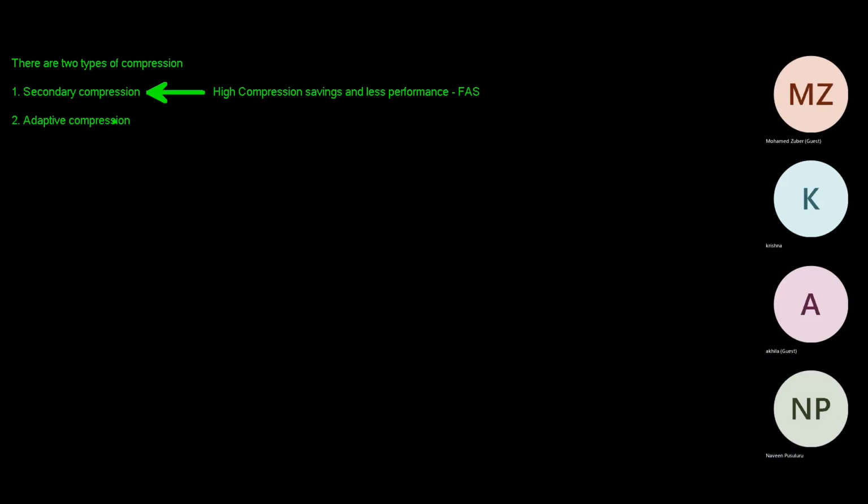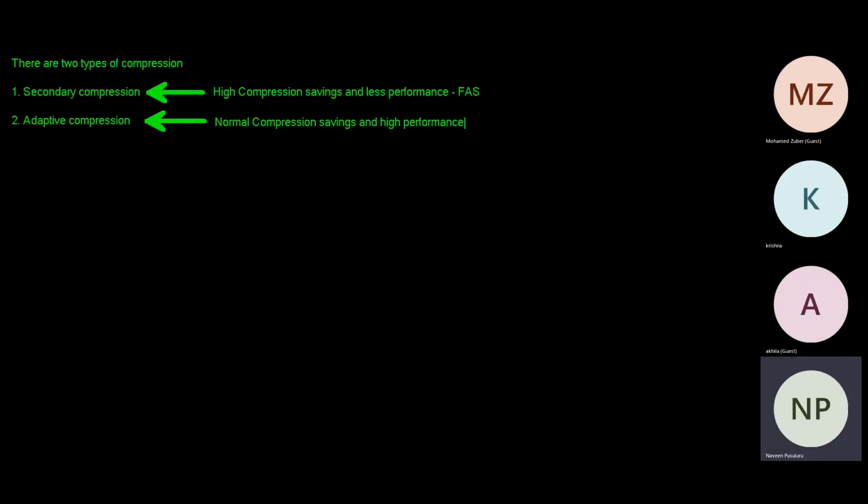Next, adaptive compression is ideal for normal compression savings and good performance, meaning there will be no impact on performance due to this compression.